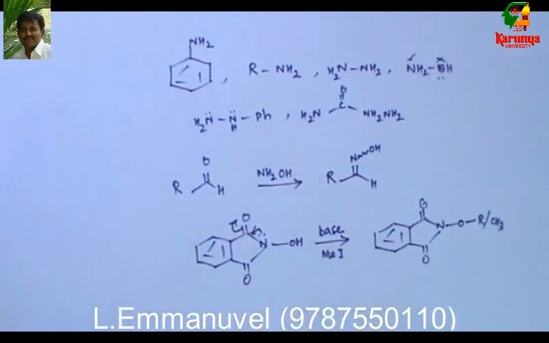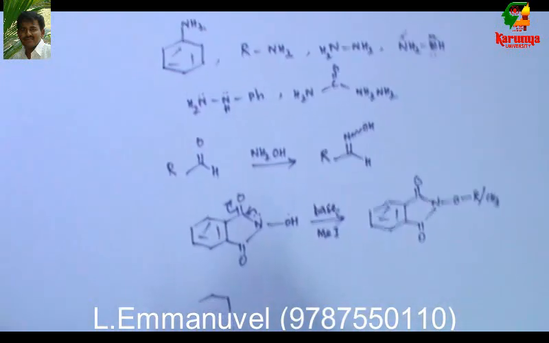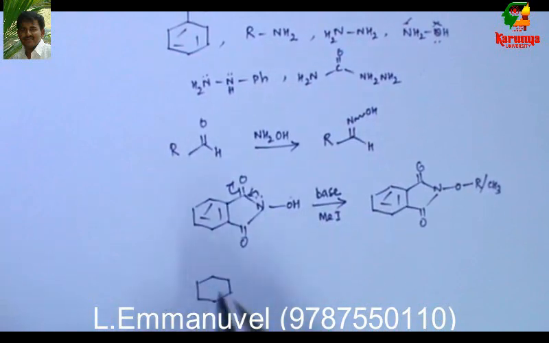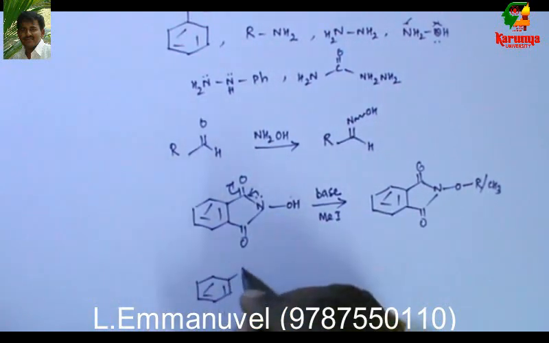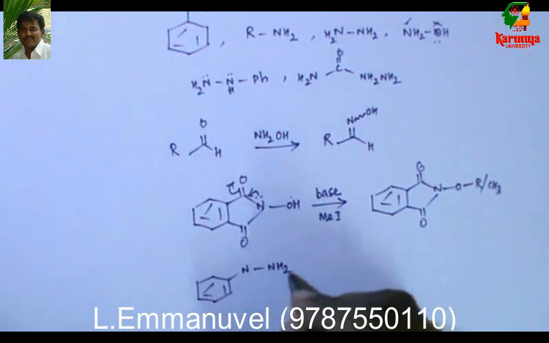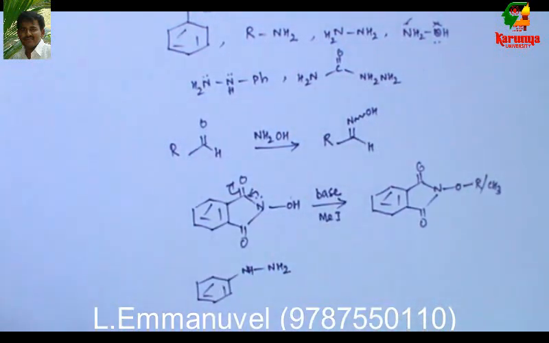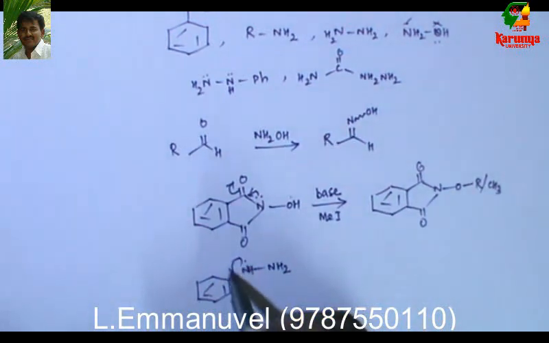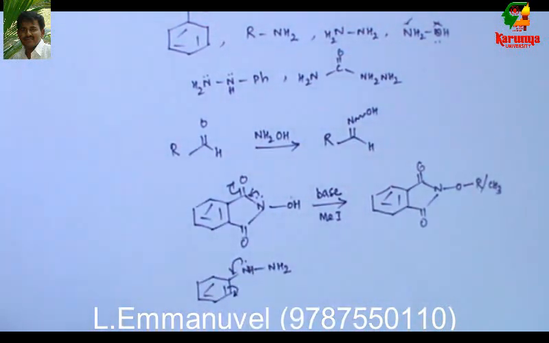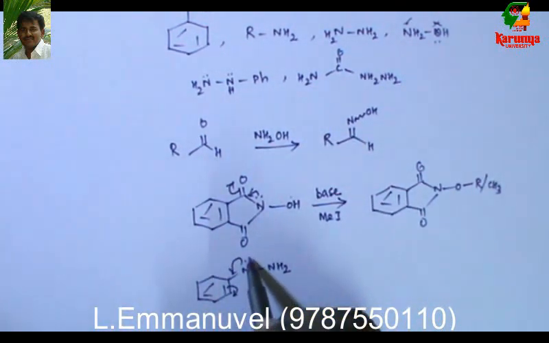What about this phenylhydrazine? There are two nitrogens, but they are not the same. In this case, I can explain the nucleophilicity based on resonance. The lone pair of electrons on this nitrogen is involved in resonance. As a result, the electron density here is very less compared to this one.